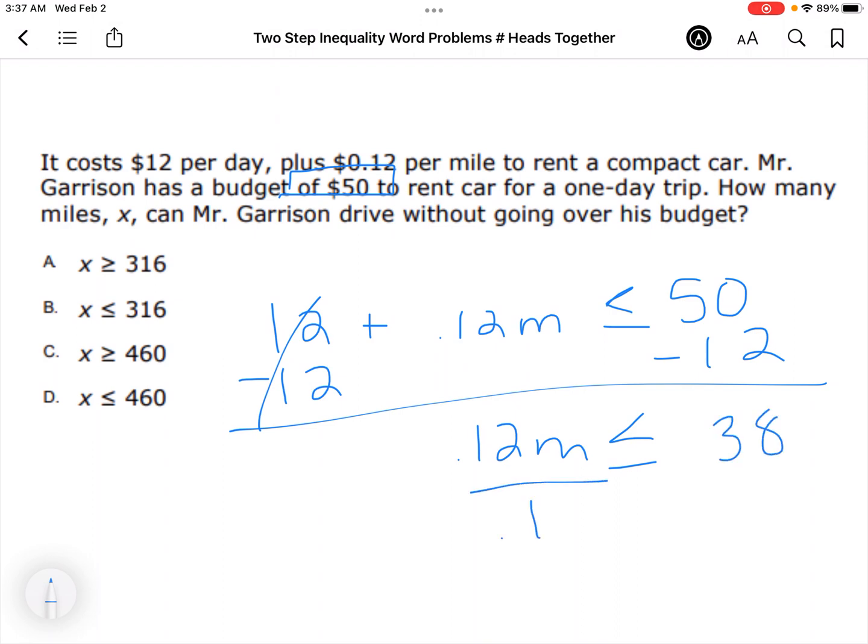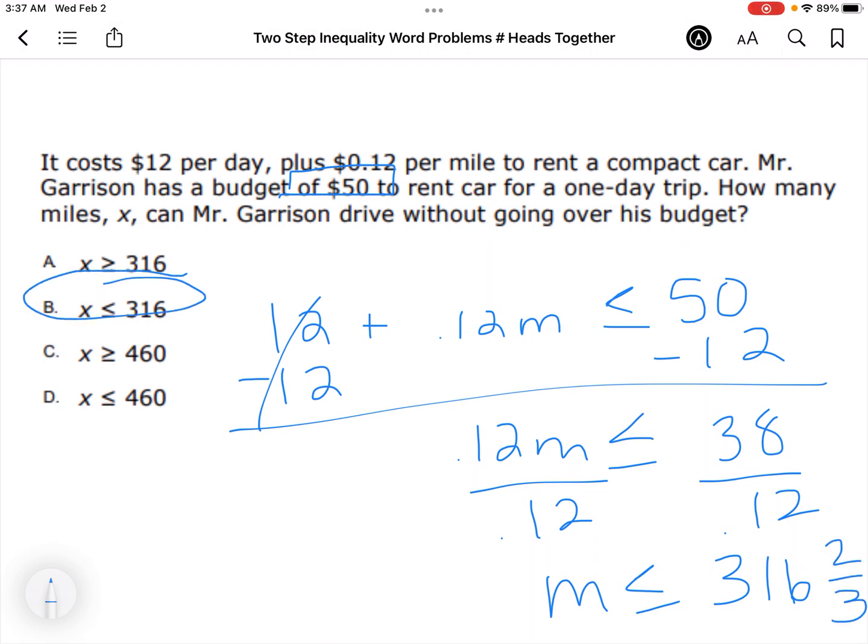I'm going to divide by 0.12. So my calculator, I'm doing 38 divided by 0.12, and I get m is less than or equal to 316 and 2/3 miles. So it would have to be B.